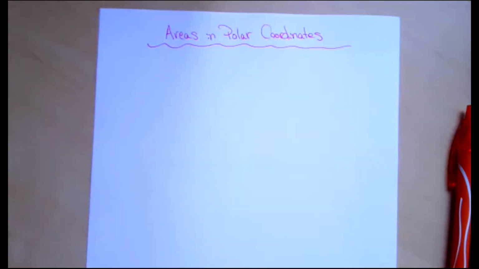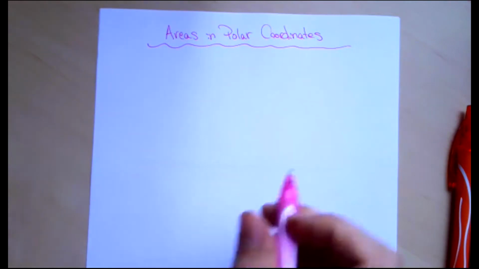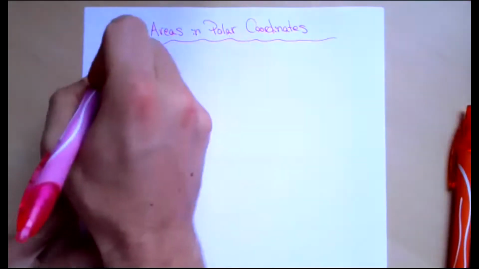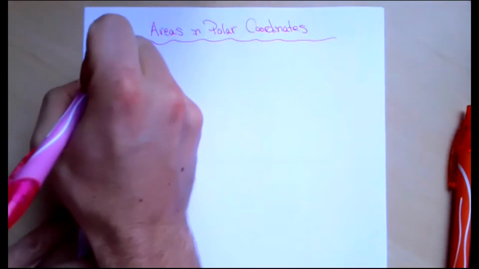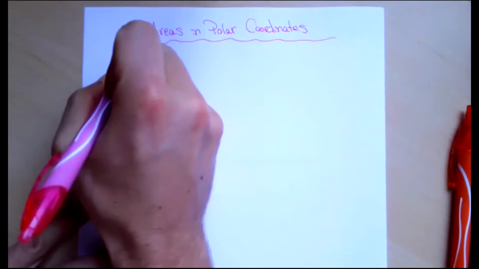So let's start off with one that we've seen. Let's see, do we have one that we've seen? Well, let's start off with graphing one. Let's do a fairly easy graph of r is equal to the square root of theta.